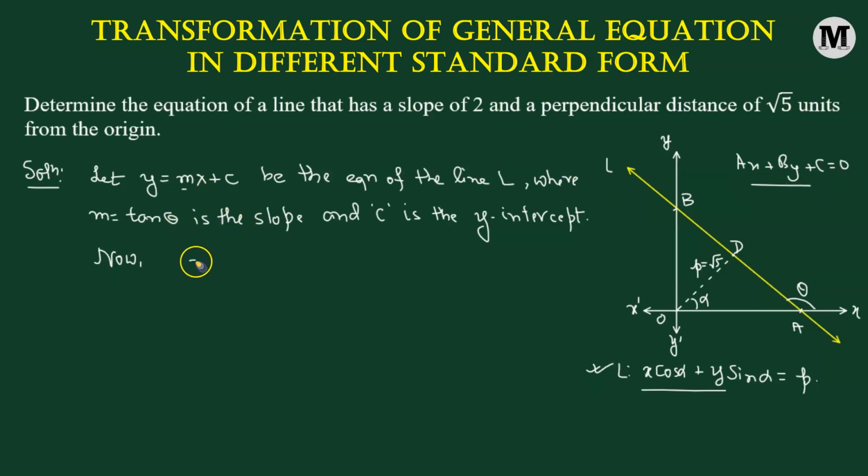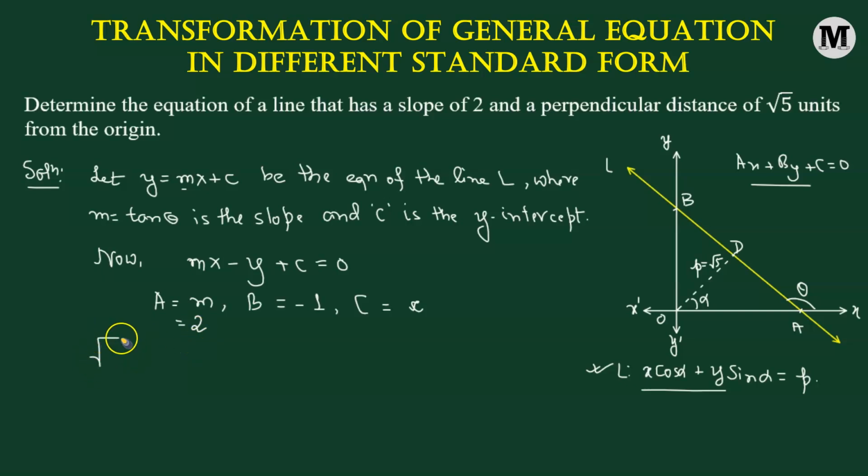So we're going to get m times x minus y plus c equals 0. So if we write in this fashion, then we have a that is going to correspond to m, then we have b, so that is going to be equal to -1, and the c value that is going to be equal to the lowercase c. Although the slope is given to us, so a value comes out to be equal to +2.